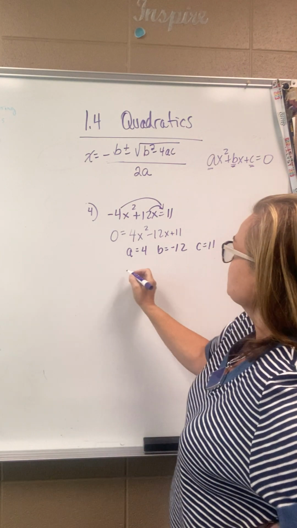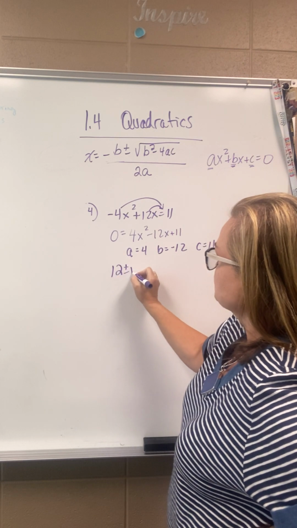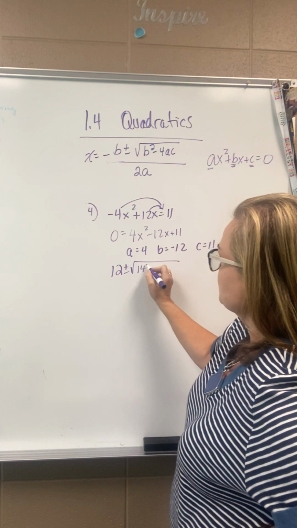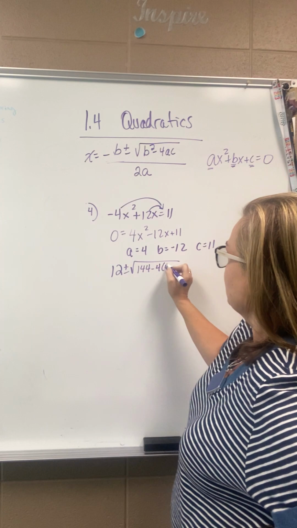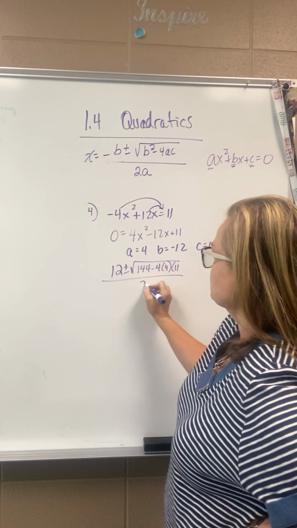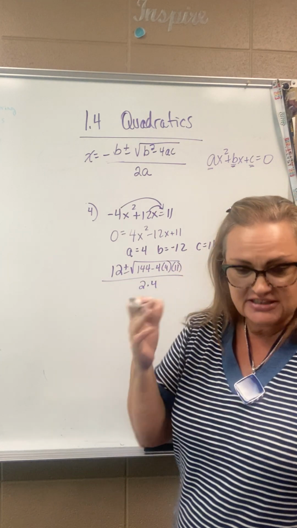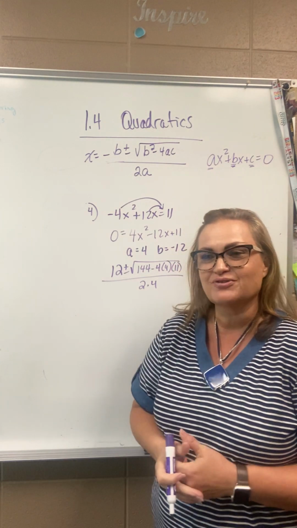Plugging that in our formula, negative B plus or minus, B squared is 144 minus 4AC all over 2 times A. It kind of gets in your mind after you do that over and over.